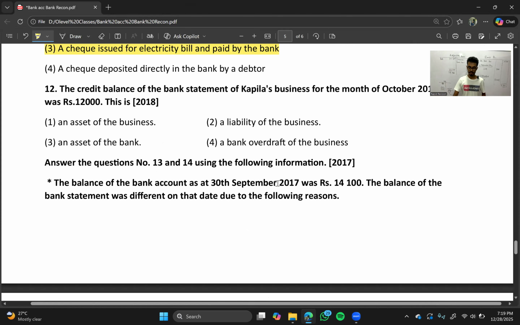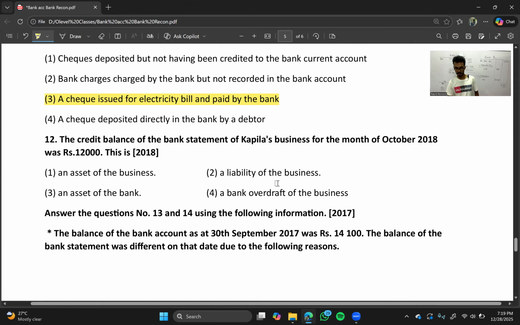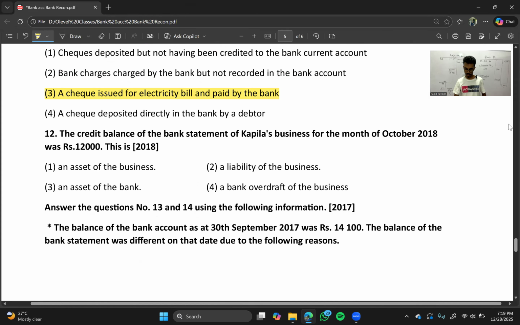The credit balance of the bank statement of Kapila's business for the month of October 2018 was rupees 12,000.